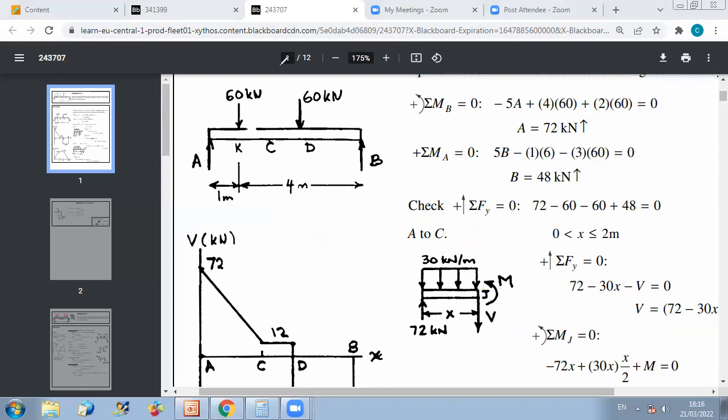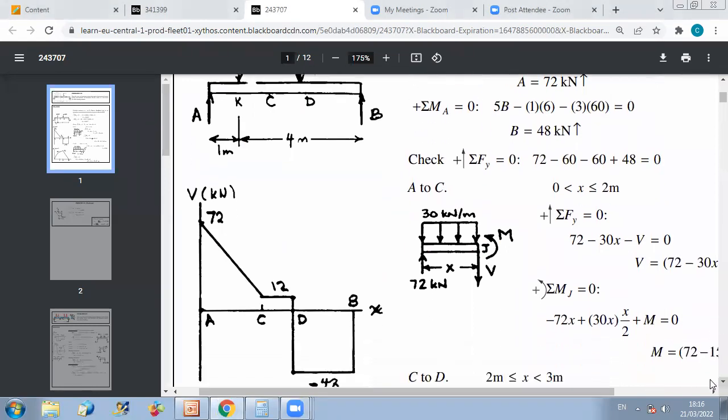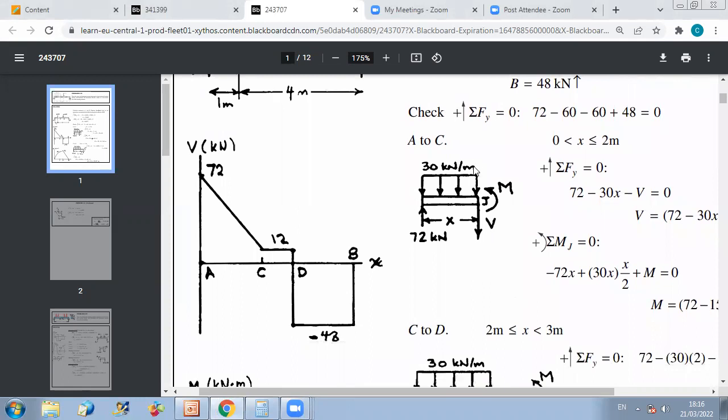So first, as we said, whenever we use the section method, we are considering any location x between A and C, and we'll express V and M both as functions of x. To start with V, I do sum of y equals 0 on the left part. What do I have? I have the reaction at A, of course. I consider sum of y positive up.